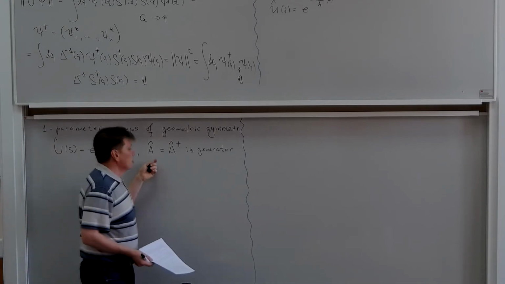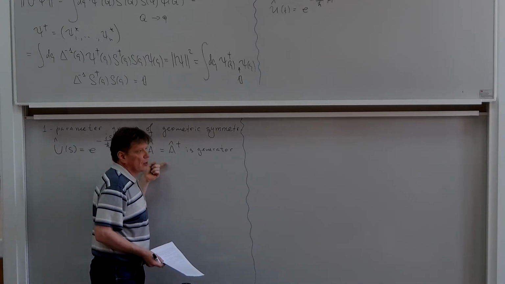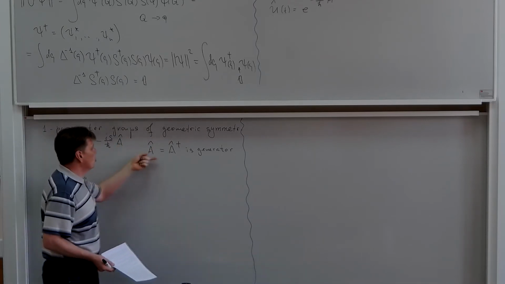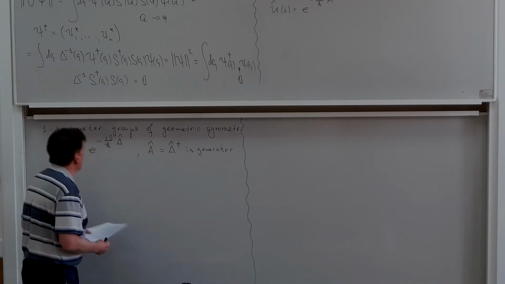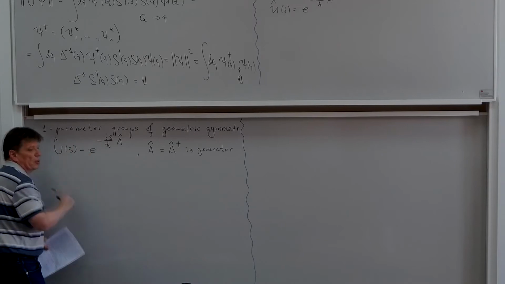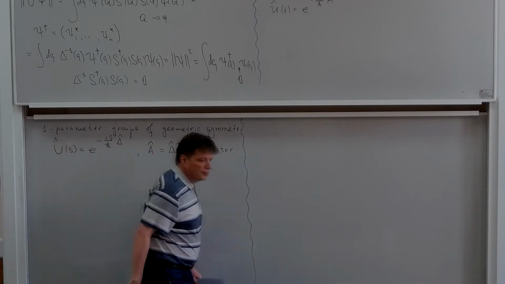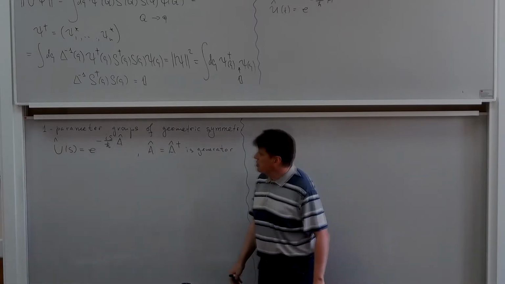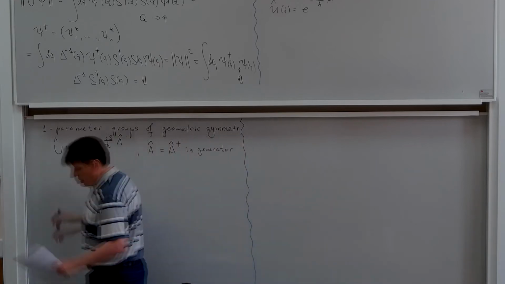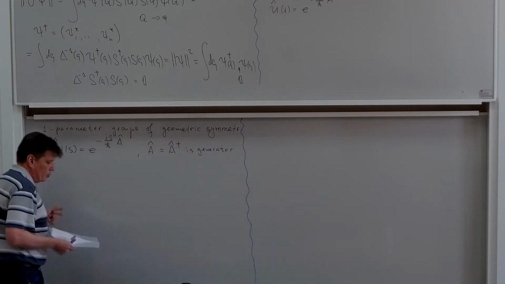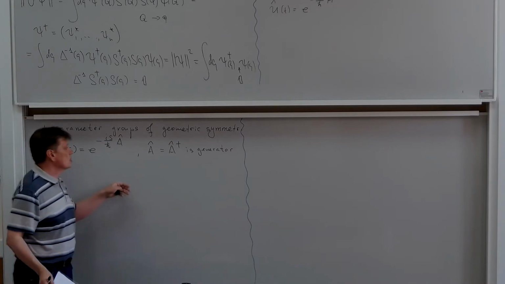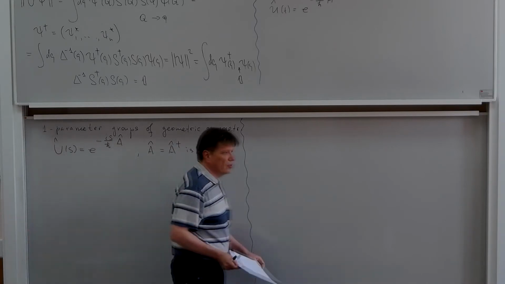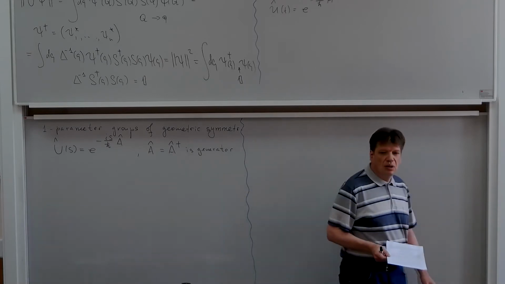For each integral of motion, each observable which is conserved, we can define a one-parameter family of symmetries which form a one-parameter group. So there is a one-to-one correspondence between one-parameter families of symmetries and the integrals of motion, constants of motion.